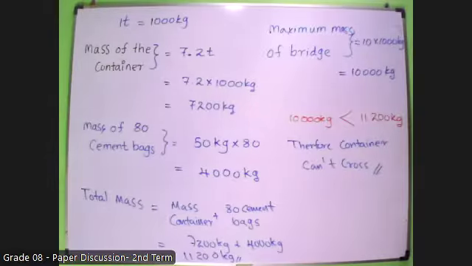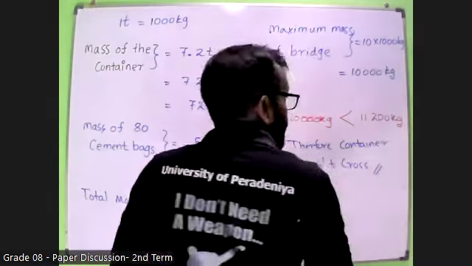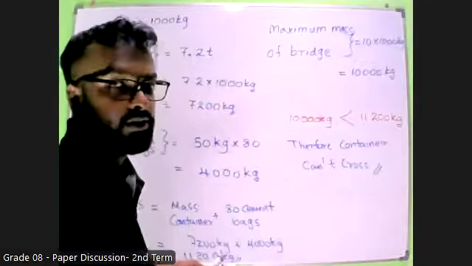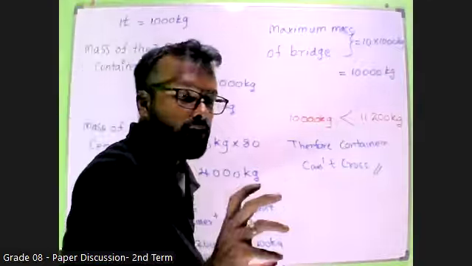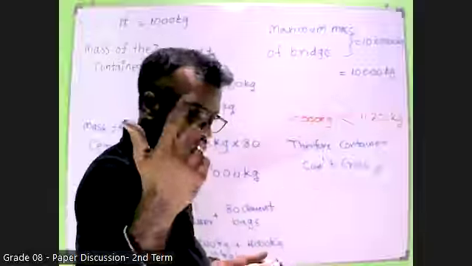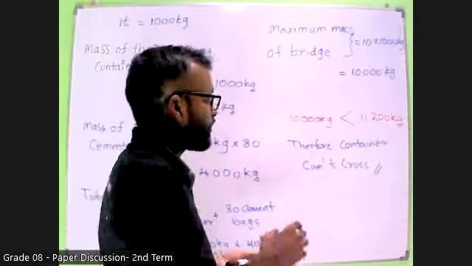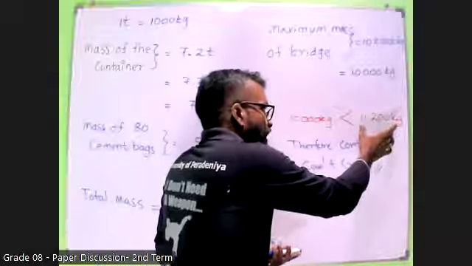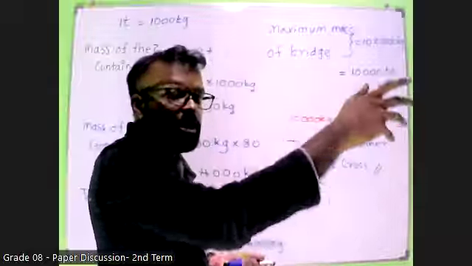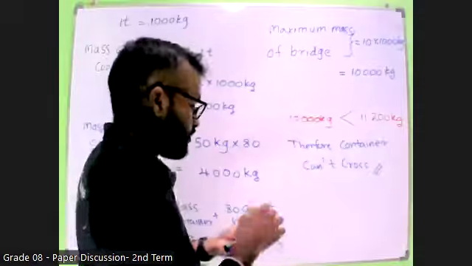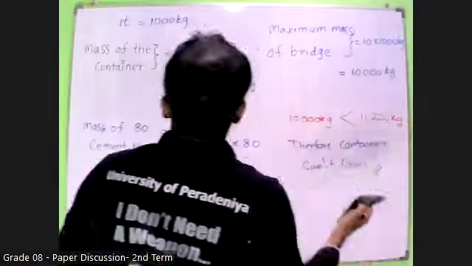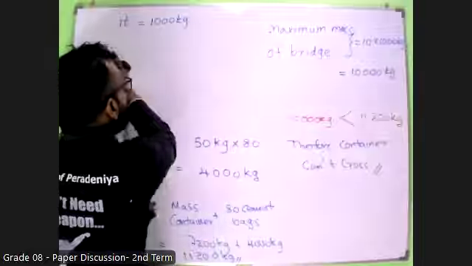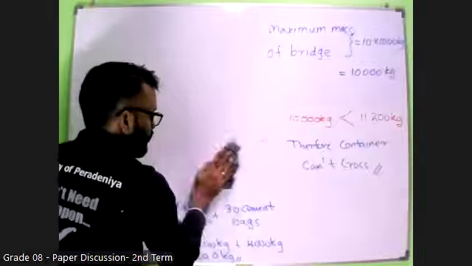So basically there are 1,200 additional kilograms inside the container. Your thinking pattern is okay. So let's calculate that first. How do you calculate that? We have to subtract.